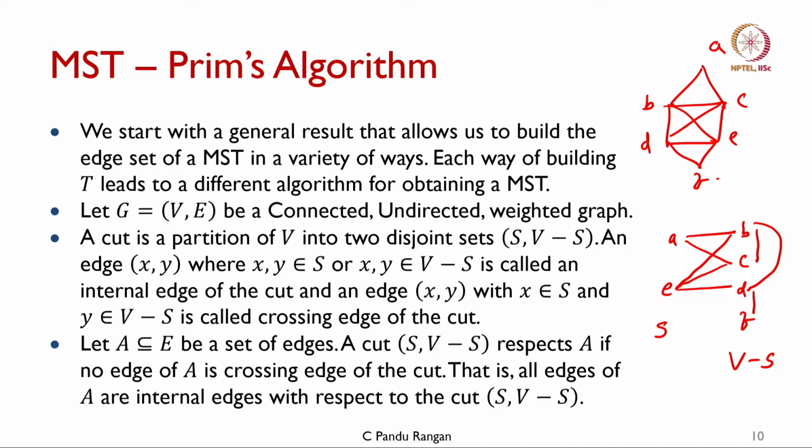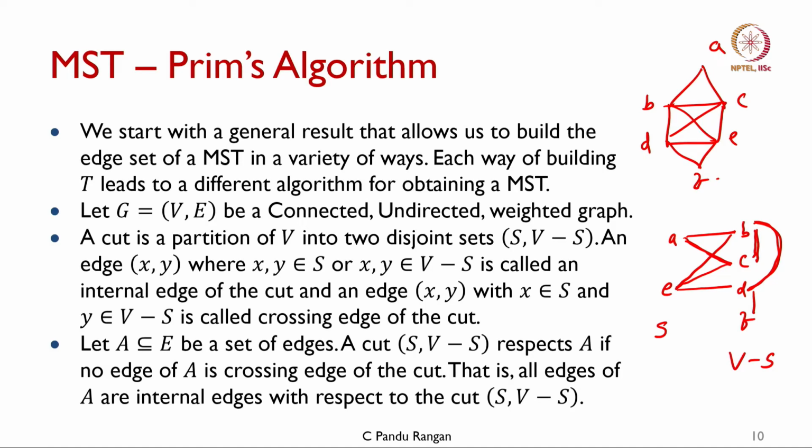So, in this way we are going to redraw the graph, putting S vertices on one side, V minus S vertices on another side. When we do this, we get what are known as crossing edges and internal edges. BC is an internal edge, BD is an internal edge, AC is a crossing edge.